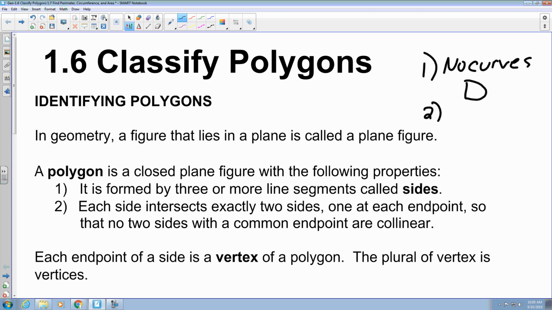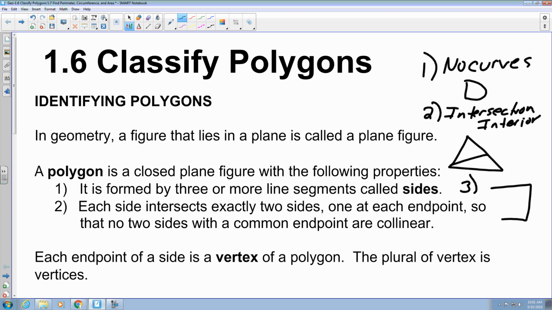Second thing is you can't have any intersection in the interior. So if you had this kind of shape and then another line like this, that can't happen. And the last thing is it's got to be completely closed. So you can't have something like this with a stopping point. Okay.